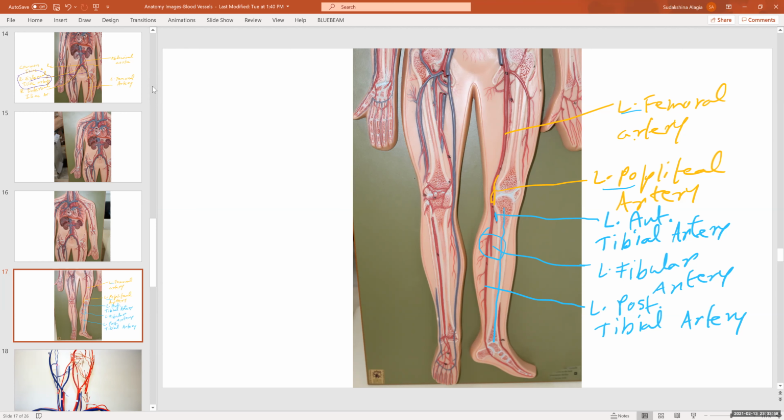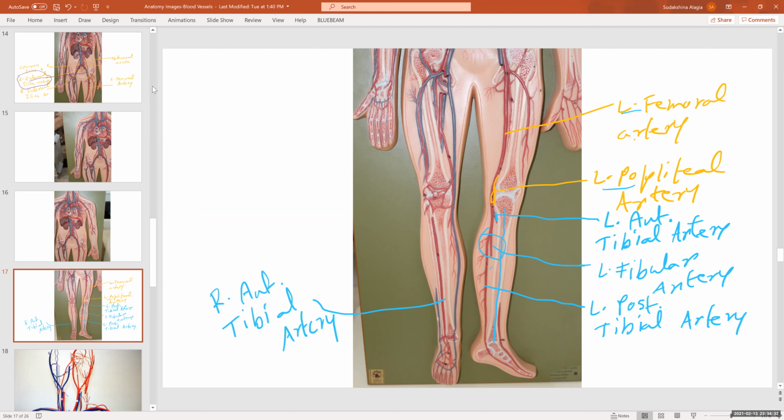Then it branches into left anterior tibial right below the knee, then left posterior tibial on the medial side, and left fibular arteries. Basically posterior tibial and anterior tibial as well. So here on the right side, this artery is the right anterior tibial artery.